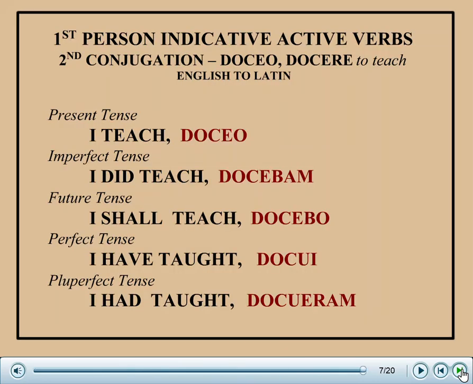First person indicative active verbs for the second conjugation, doceo, docere, to teach. First, of the present tense, I teach, doceo.